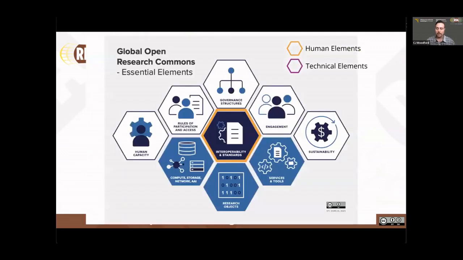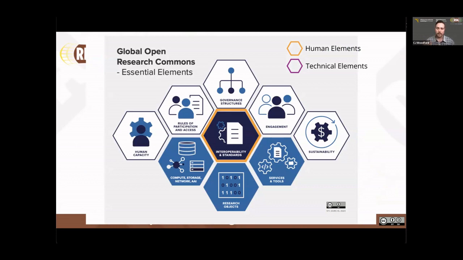The model is built on top of the interest group's essential elements. The essential elements were a set of typology and definitions that the interest group endorsed last July. There are 9 of them, as you can see here, and I'll touch on each one a little bit. The model is structured on top of these 9 essential elements, and there are 400 items or so in the model itself, building down in granularity behind each of these essential elements.